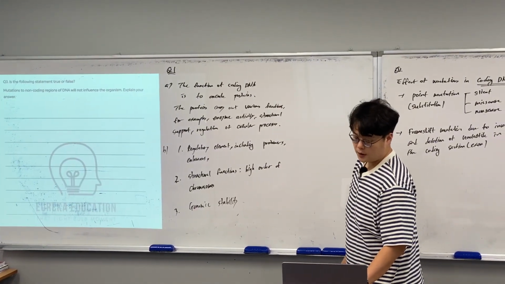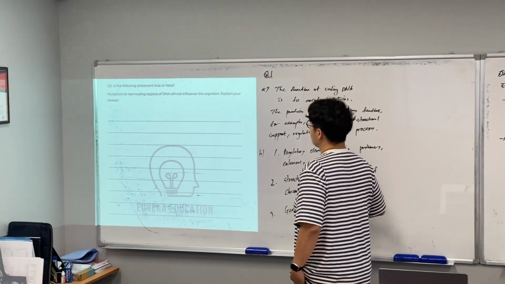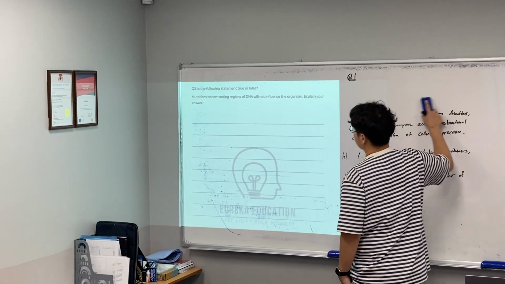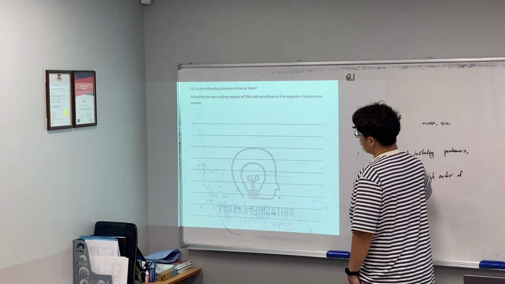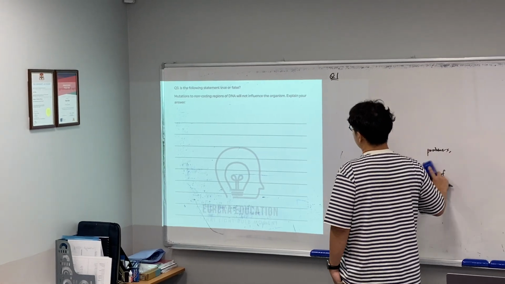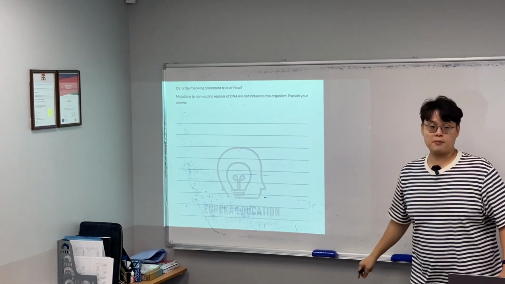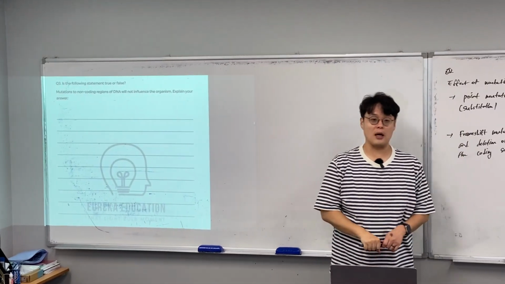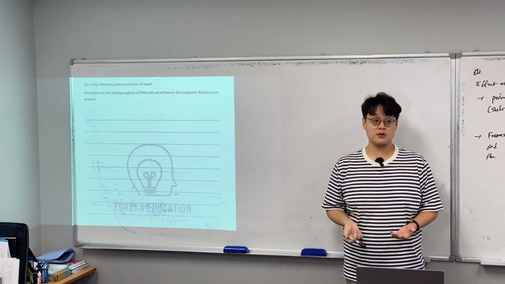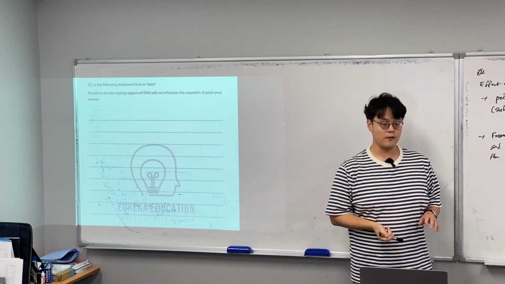3. Is the following statement true or false? Mutations to non-coding regions of DNA will not influence the organisms. Explain your answer. Well, I just described what happens if you have a mutation in the non-coding or intron sections too. The answer is false, obviously.